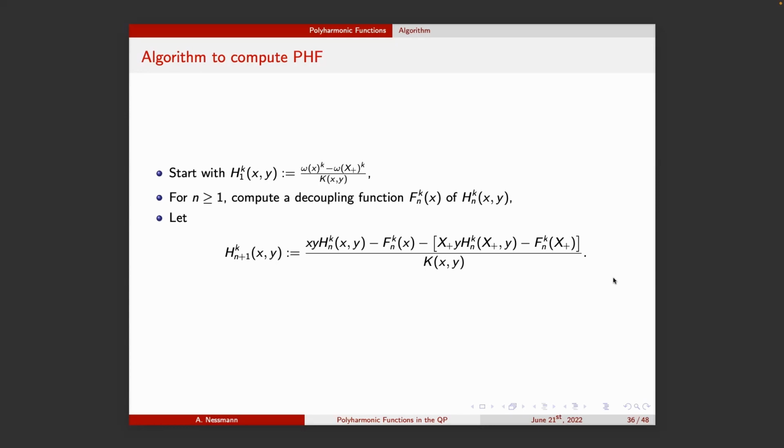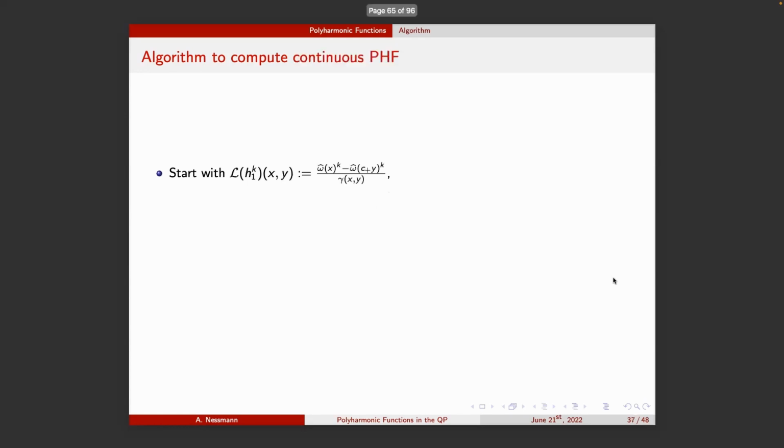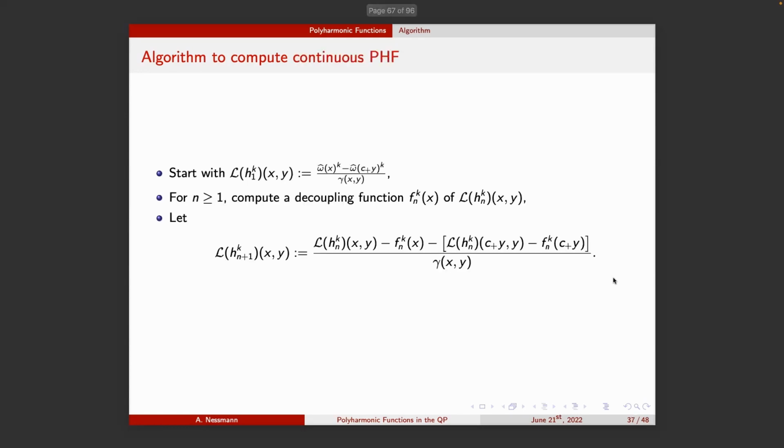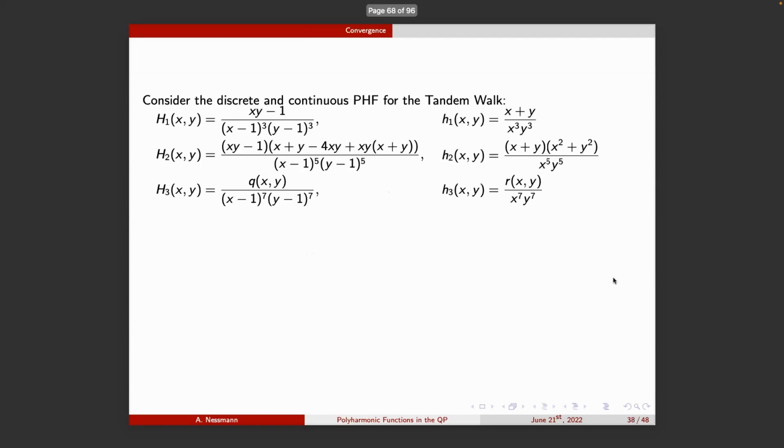In the continuous case, it's really the same. And just notice how similar this formula is to this one. And this will then be the main idea of how one shows convergence. If one looks, for example, again at the tandem walk, the harmonic function, the discrete one, the continuous one, these are all the polynomials again.